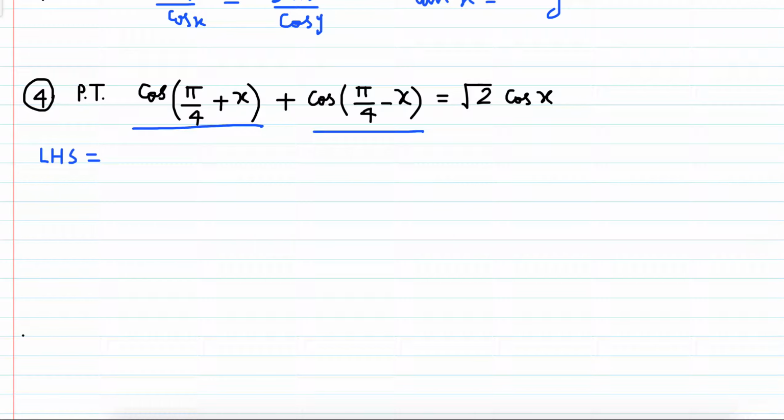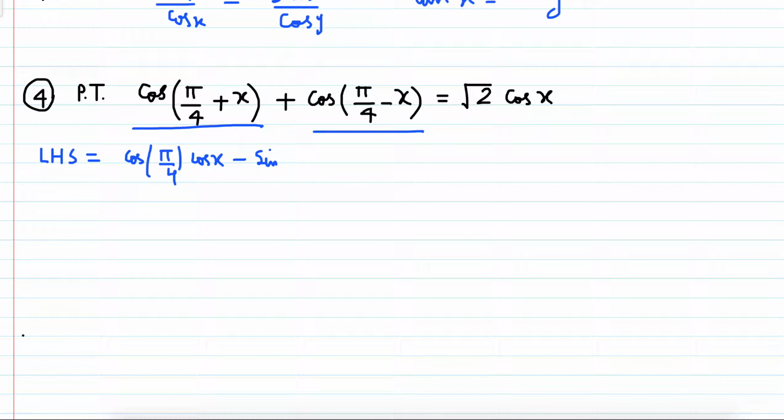So let's expand these two terms individually. This cos(x plus y) is cos x cos y minus sin x sin y.